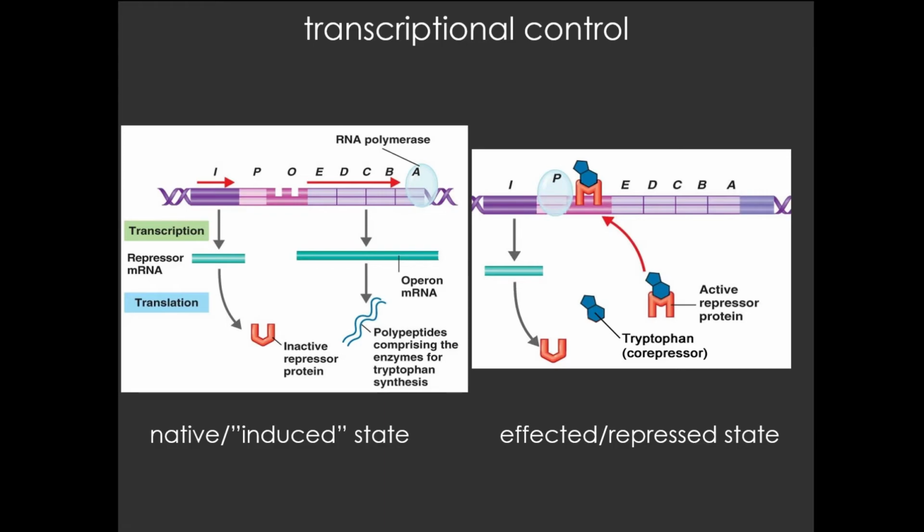The effect is repressing it, and so we call this a repressible operon, as opposed to the lac operon, which has the effect of being turned on, and so it is called inducible because it is capable of being induced, whereas this is capable of being repressed.